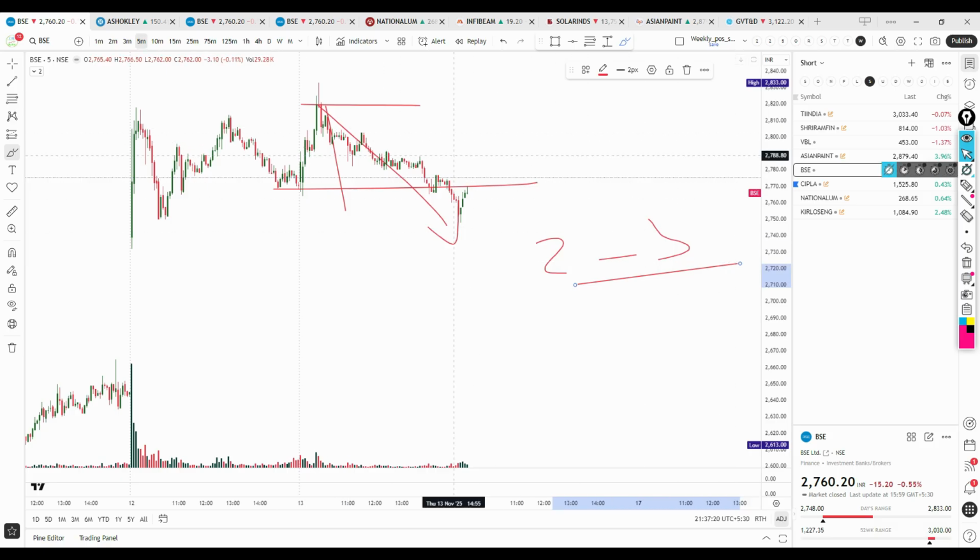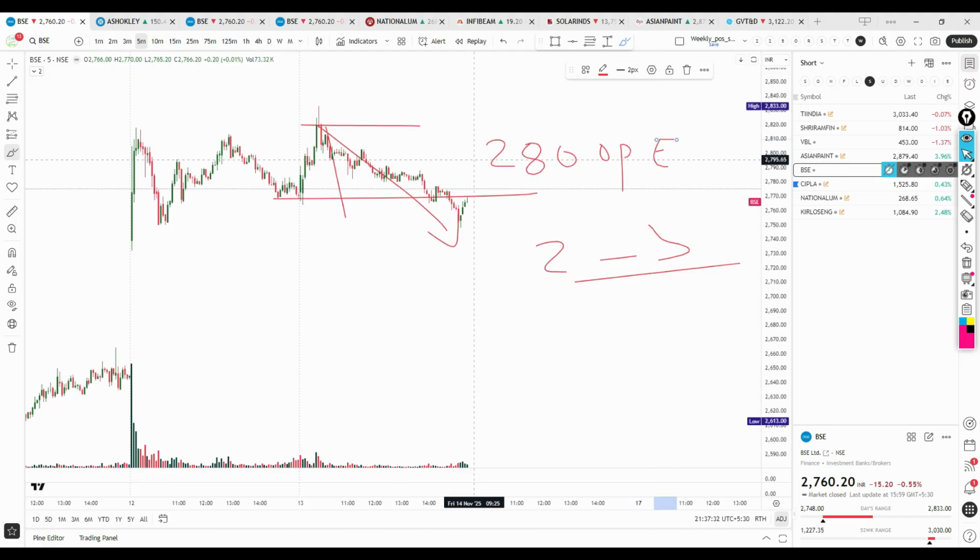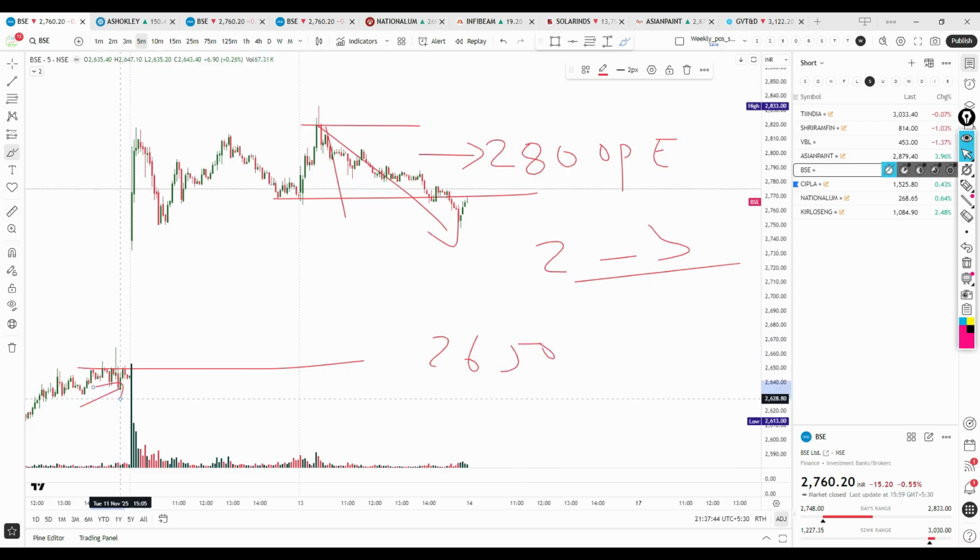For example, yesterday also I traded, today also I traded. 2800 PE. What I mentioned, the strike price, this was the strike price. You can select this at-the-money strike price, and an out-of-the-money strike price, 2650, so that this premium will not give you panic.